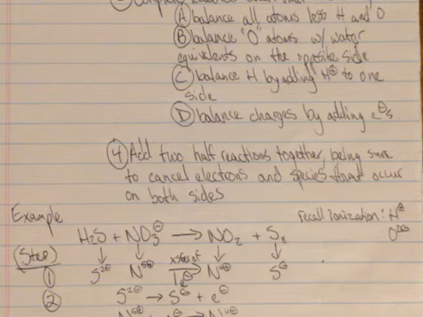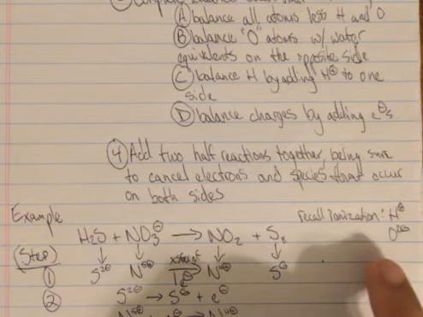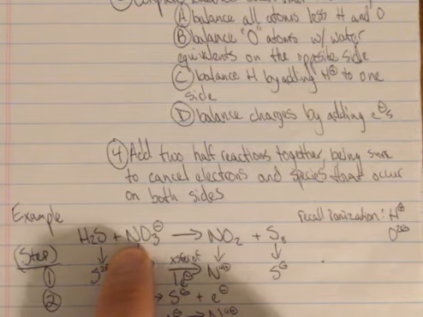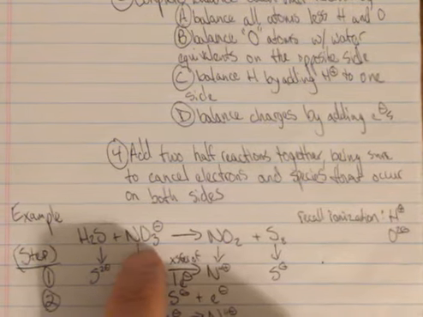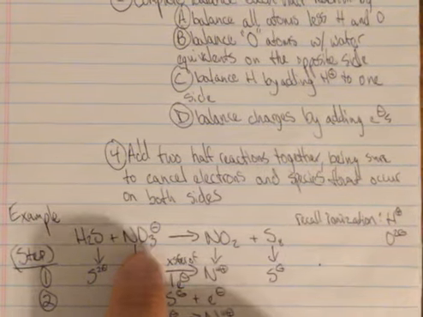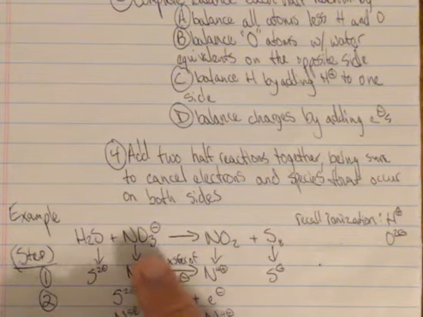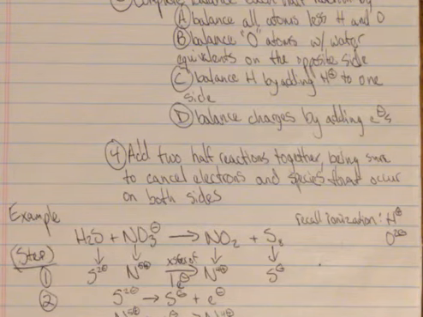any H that you see that's attached to something else has the possibility of being H+ ionized. Conversely, any oxygen is going to be equal to 2- in charge. So in other words, for this particular example with nitrate, notice how the whole particle, because this is a polyatomic anion, is going to have a -1 charge.